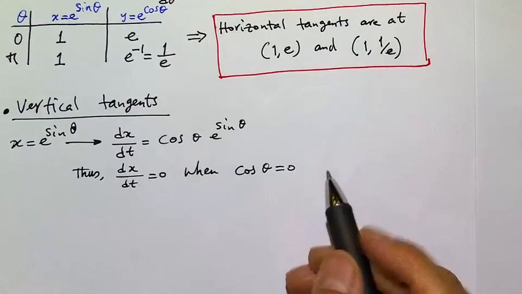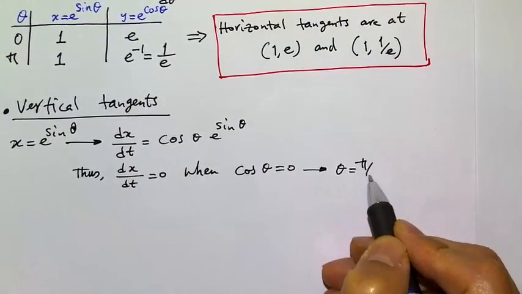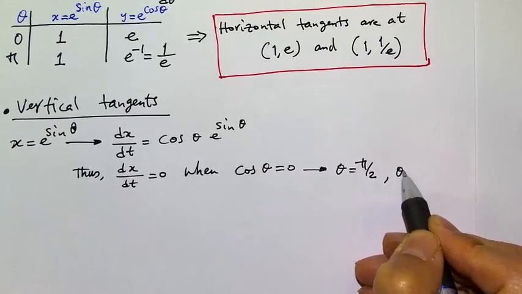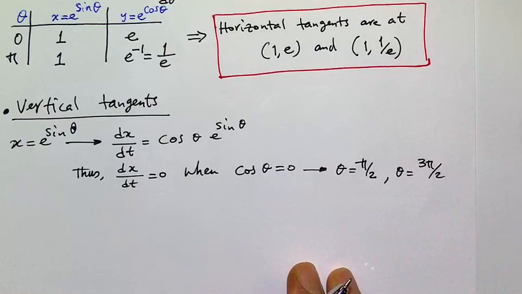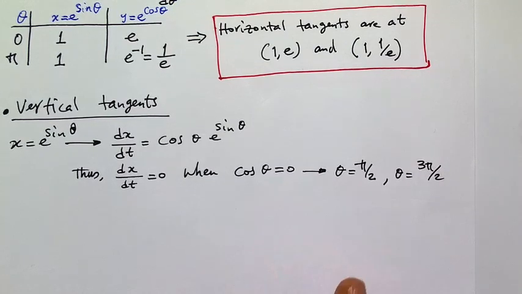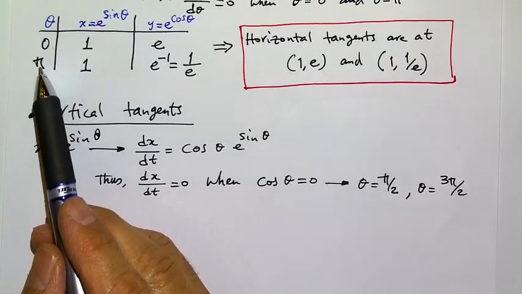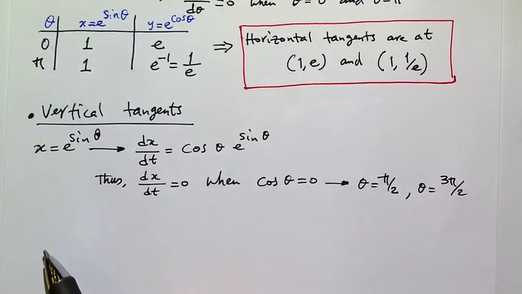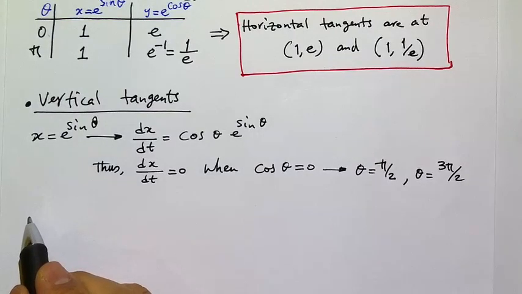So theta equals pi over 2 and theta equals 3 pi over 2. Just like before, let's make a table here, but this time instead of 0 and pi, we will have theta equal to pi over 2 and 3 pi over 2.